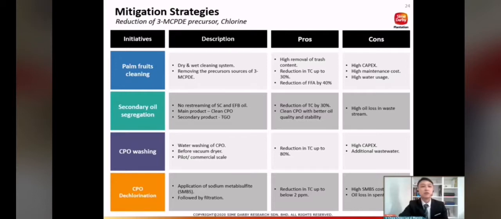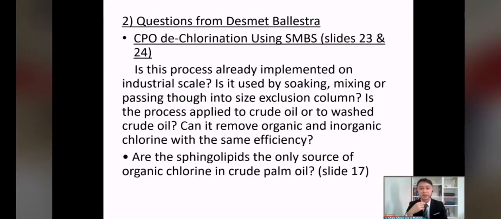And to answer whether this removes the phospholipid, the organochlorine, can you go back to the question earlier? I forgot the question. Can you show the question, please? Sphingolipids are the only source of organochlorine in the crude palm oil. I already mentioned earlier that in crude palm oil we have more than 200 types of organochlorines, and sphingolipid appeared to be the most abundant one.